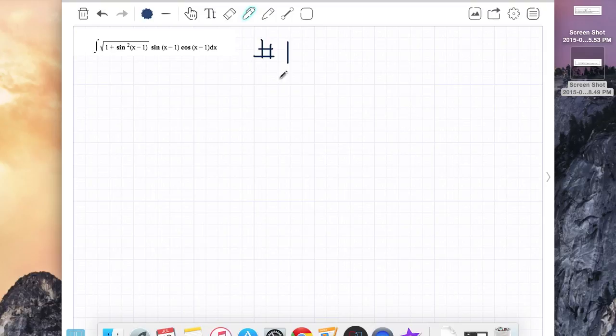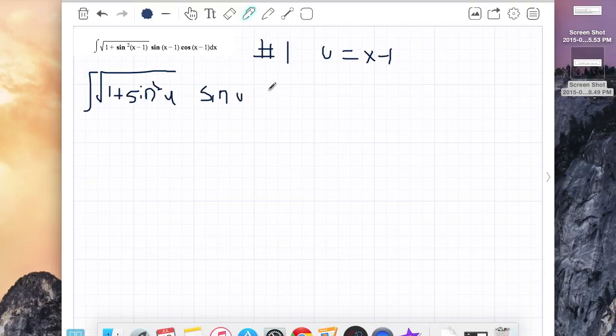Firstly, I'm going to say u equals x minus 1, just to get rid of the x minus 1 terms. And then we can rewrite this as the square root of 1 plus sine squared u, times sine u, times cosine u.